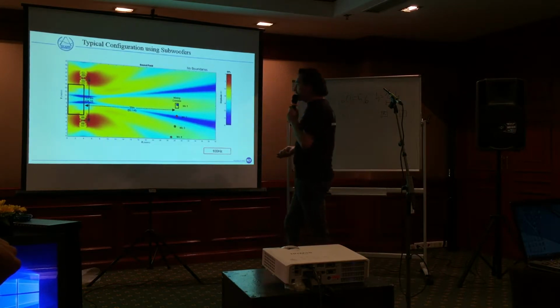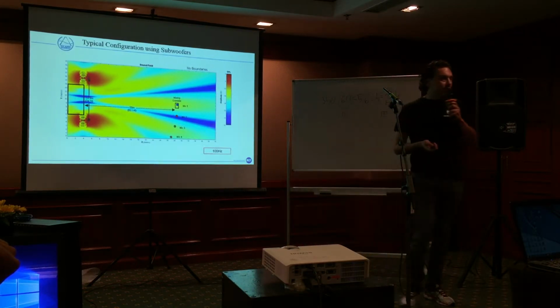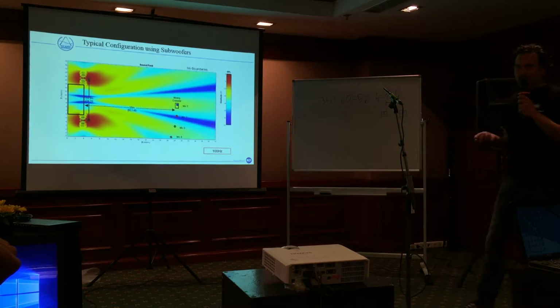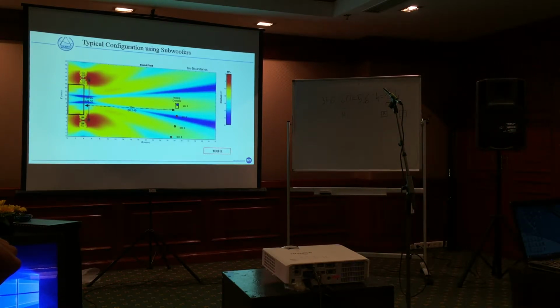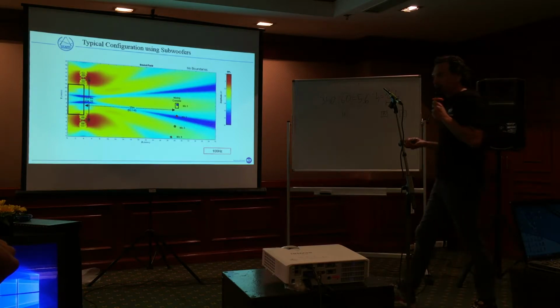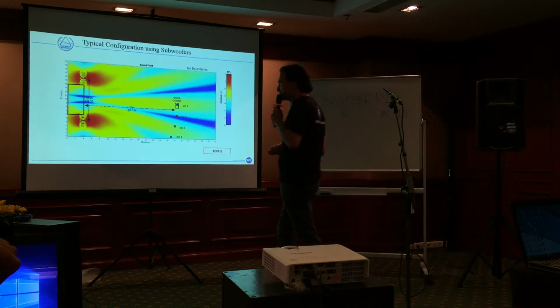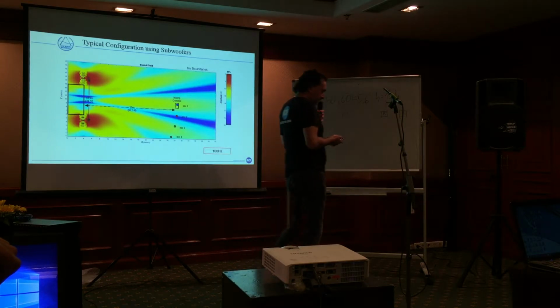This left and right configuration behaves very, very badly, and at 100 Hz it is even worse. So if you can avoid left and right, if you can. But I know that it is not always possible. But if you can avoid it, you should avoid this configuration.